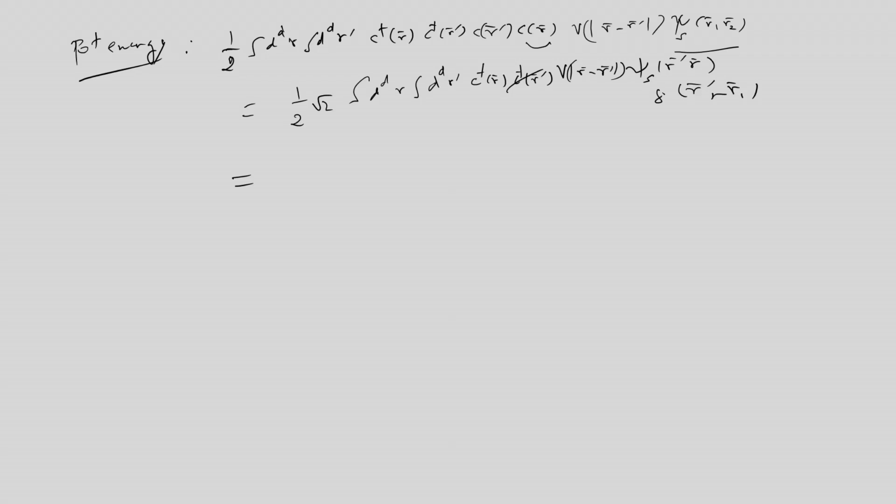That is another factor of square root of 2 that gets multiplied with this square root of 2, which cancels with this 1/2, and then I end up with this result, because of the requirement of properly symmetrizing.